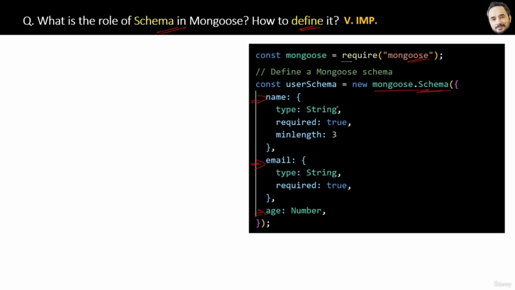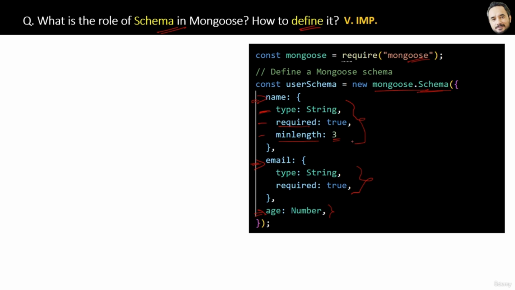And inside those fields, you have to define the properties or the validations on those fields. If you remember those constraints in SQL, these properties are similar to them. For example, here the name field is of type string, and then it is always required, and the minimum accepted length of the characters in this field is 3.